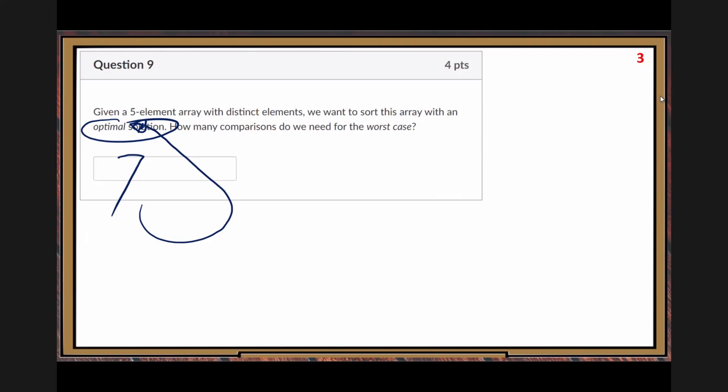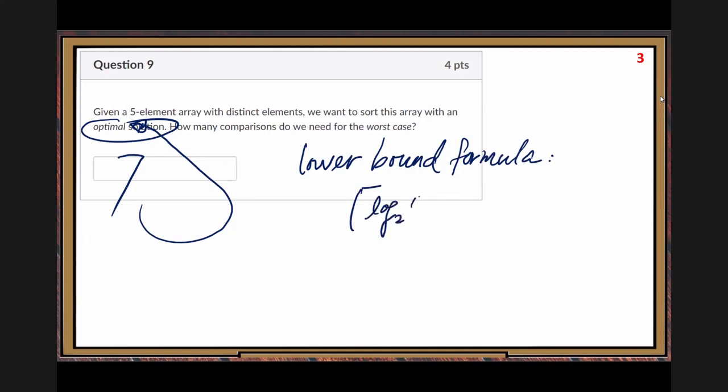Remember the lower bound formula from last class: floor function log base 2 of n factorial.